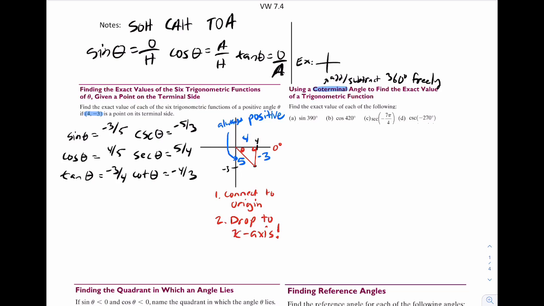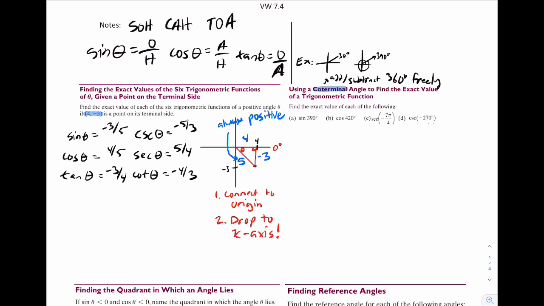So let's say this is 30. If I do 390 right there, notice how it's the exact same position. So that's the idea of coterminal: you can add or subtract 360 and you don't actually change the position of the angle.